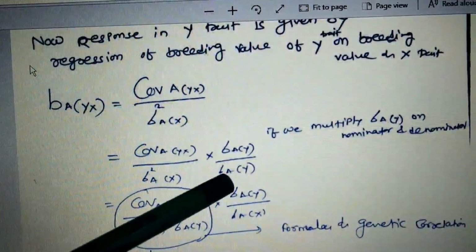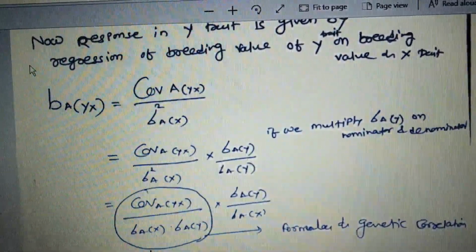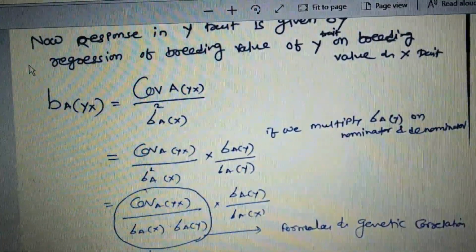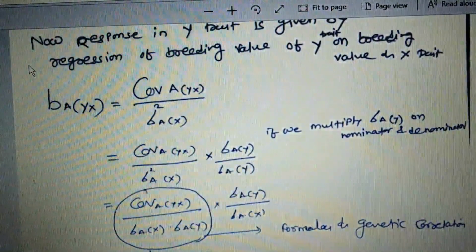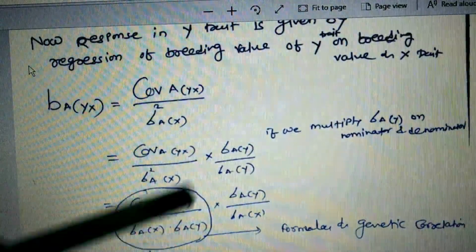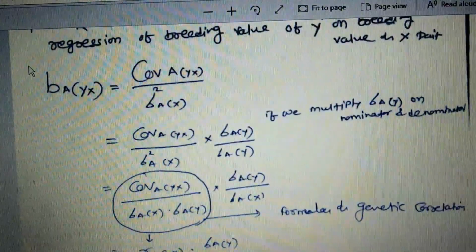Now again we can simplify this formula. If we multiply the numerator and denominator by the standard deviation of the breeding value for the Y trait, we can remove this and get the same thing. Here, for simplifying, we are multiplying upper side and lower side.